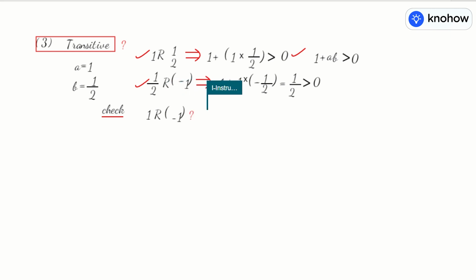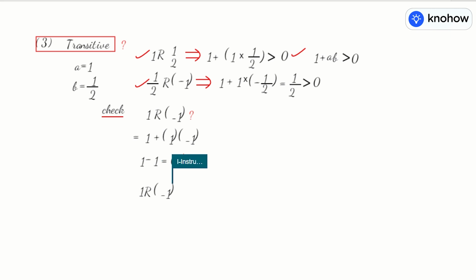What will it be? 1 plus 1 into minus 1. So how much is this? 1 minus 1, that is 0. And obviously 0 is not greater than 0. So 1 is not related to minus 1. So what do we prove?